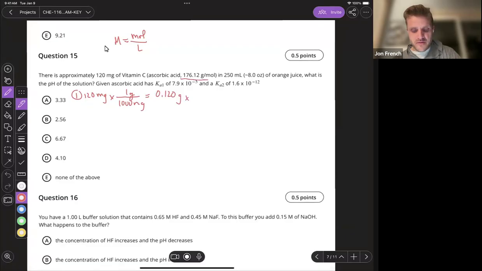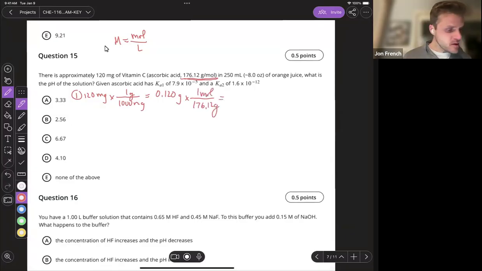I gave you the molar mass for a reason, right? There's a hint. I need to use that, 176.12 grams for 1 mole. So 0.12 divided by 176.12. And I get like 6.8 times 10 to the minus 4 moles.